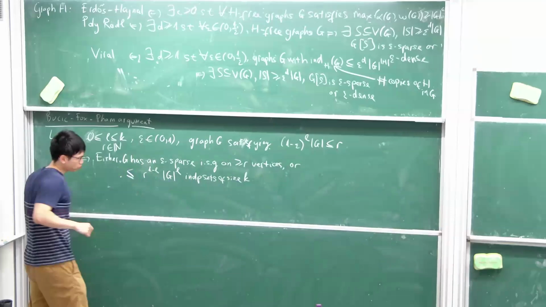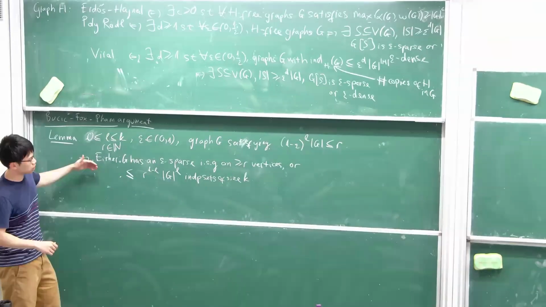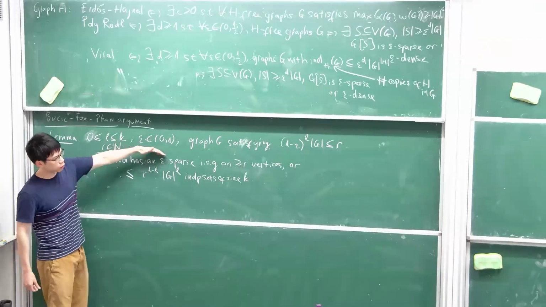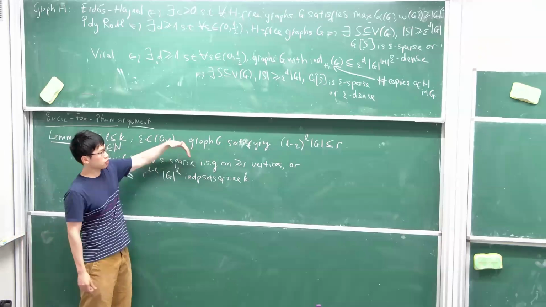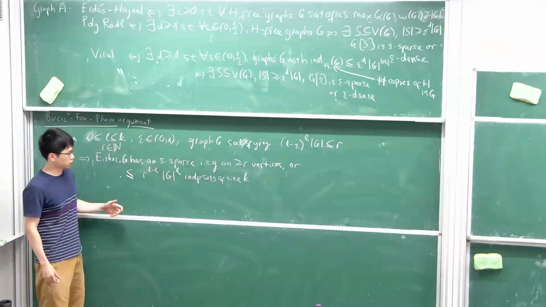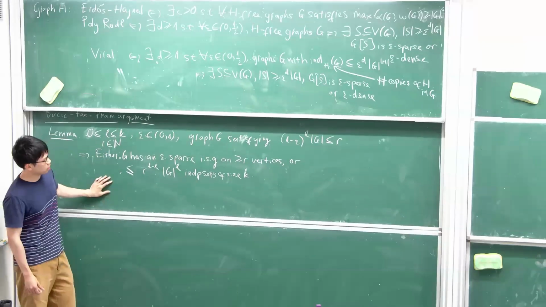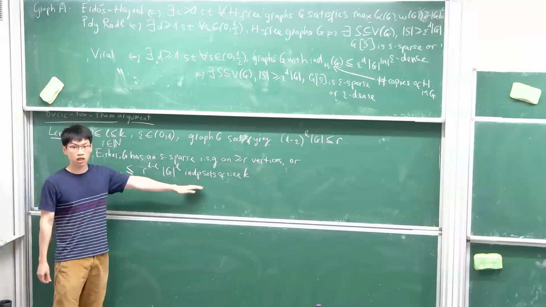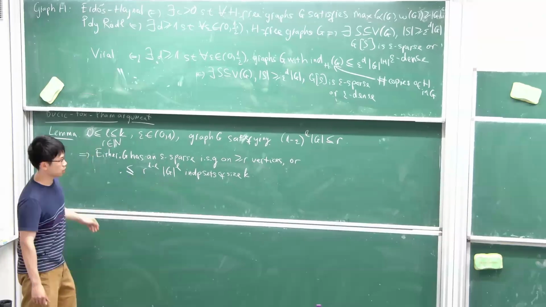It basically says if you don't contain a sparse induced subgraph on a large vertex set of some degree, then you cannot have too many independent sets.